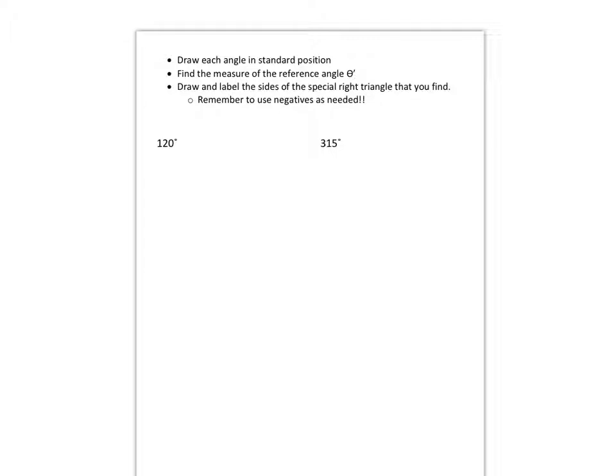If we draw each angle in standard position, and then we identify the reference angle, so 120 in standard position would be bigger than 90, smaller than 180. The reference angle is between where the angle stops and the x-axis, and we can figure out how big it is.